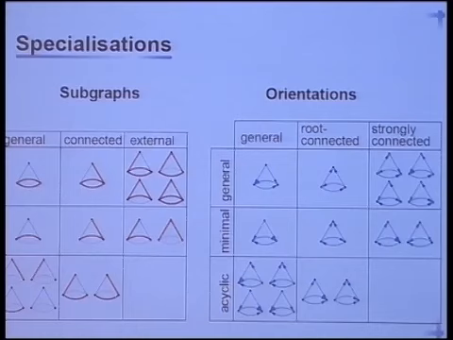And the nice thing is that these minimal orientations are unique representatives of score vectors. If you take all the minimal orientations, you will have each score vector once. Okay, you understand what I mean?